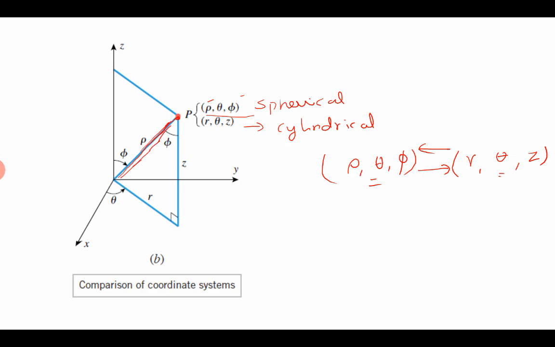The angle theta is a horizontal angle that the projection of this radius rho on the ground, which is r, makes with the x-axis. This angle is theta. This is the same for the cylindrical coordinate system as well. There will be a base circle here whose radius and angle will be r and theta. Right? Z is this height.